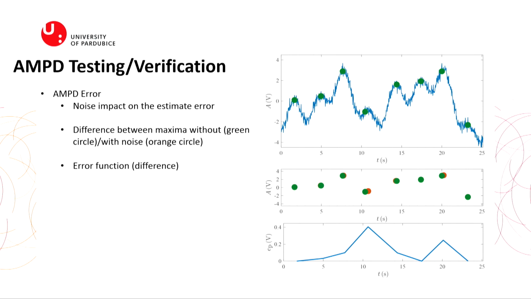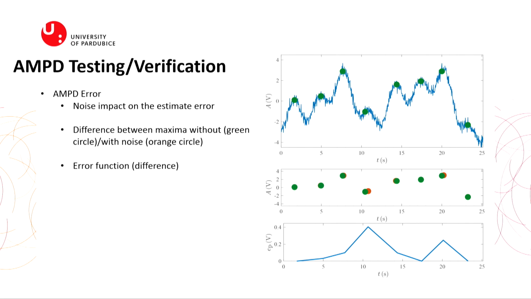And there you have a presentation of the accuracy of this AMPD algorithm. The orange one is the original local maxima, and the green one is an example of the estimated local maxima from our AMPD algorithm.